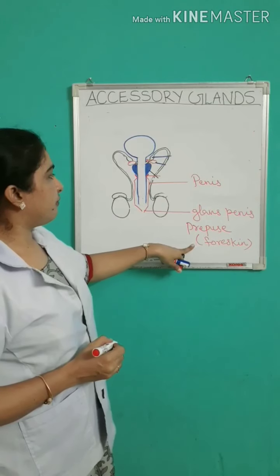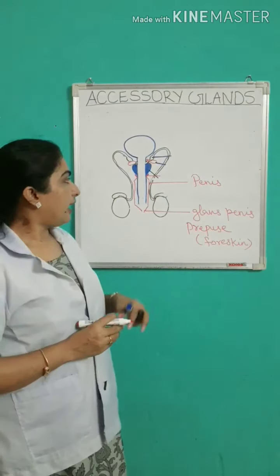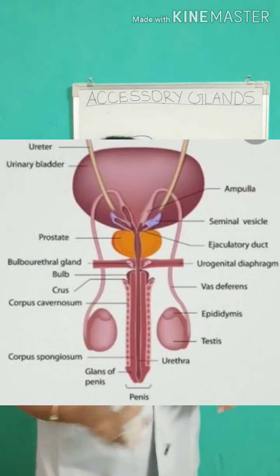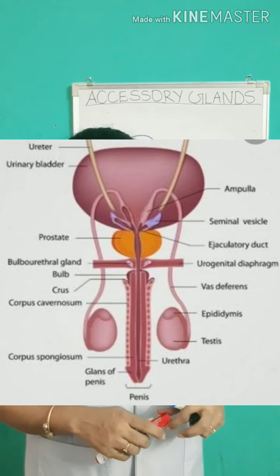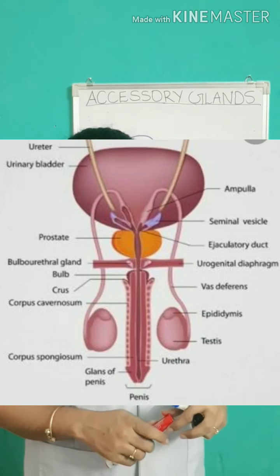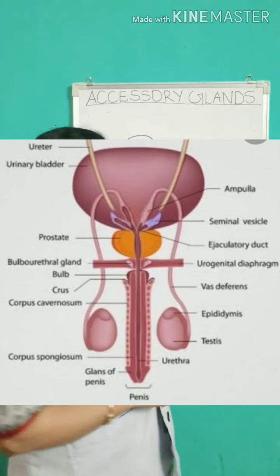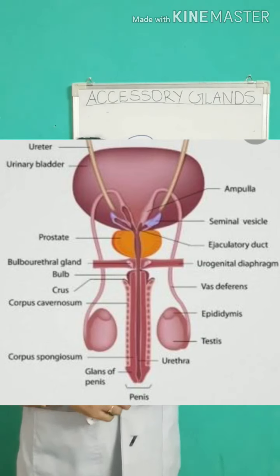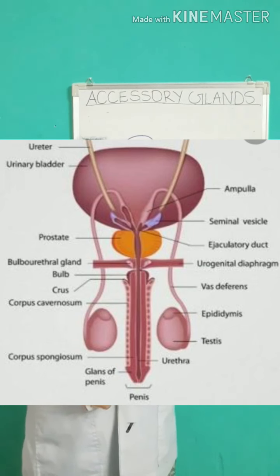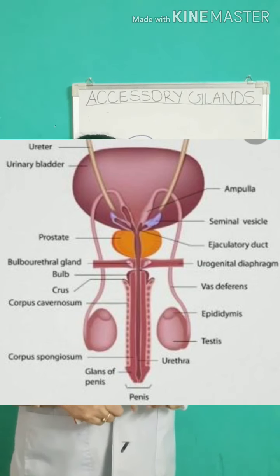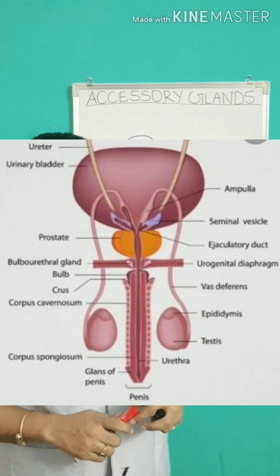Prepuce or foreskin is there in the glans penis, and this penis is made of corpus cavernosum and corpus spongiosum. The penis is made of two types of tissue such as corpus cavernosum and corpus spongiosum.